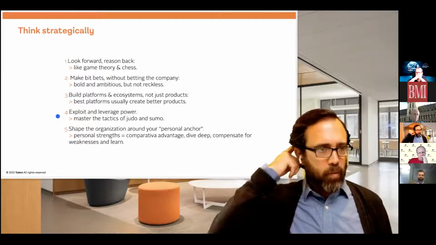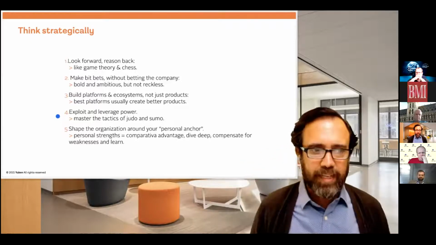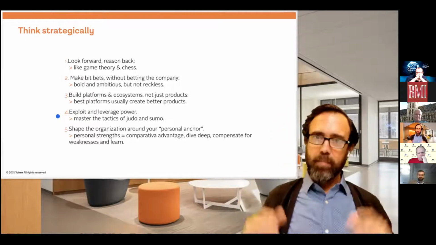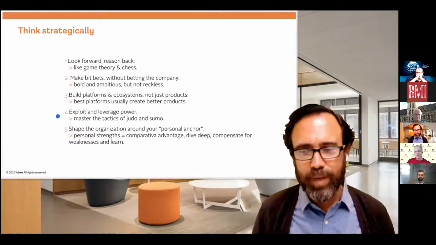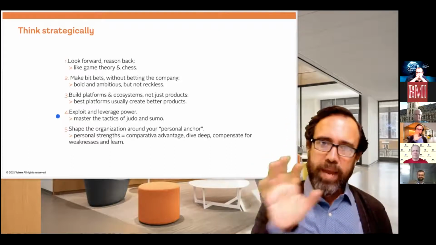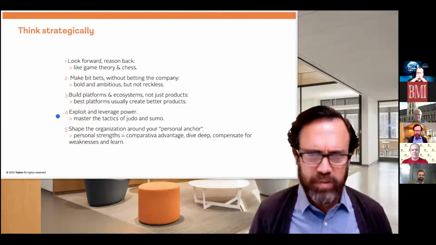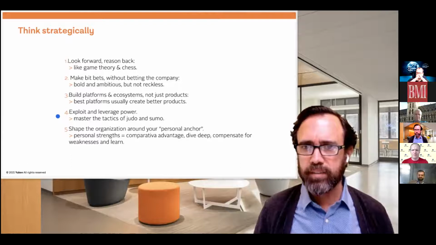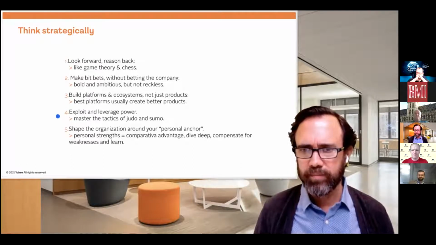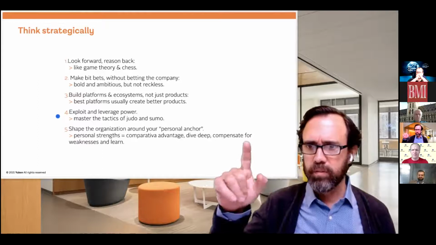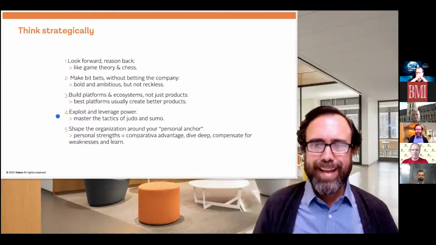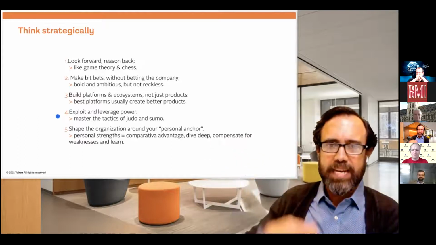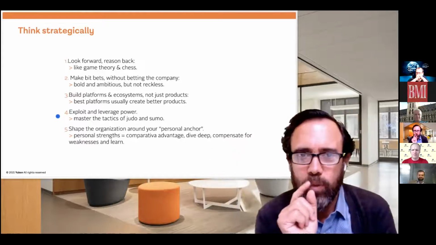You want to exploit and leverage power. And here is mastering the tactics of judo and sumo. Given that we're going to talk a little bit now about our friend Elon Musk, I don't know if you know, but last week, the major competitor of Tesla, I think the name is NIO, reached 100,000 cars produced and sold, I think. Did you hear that on the news? No? And Musk took that milestone to his advantage with one tweet.